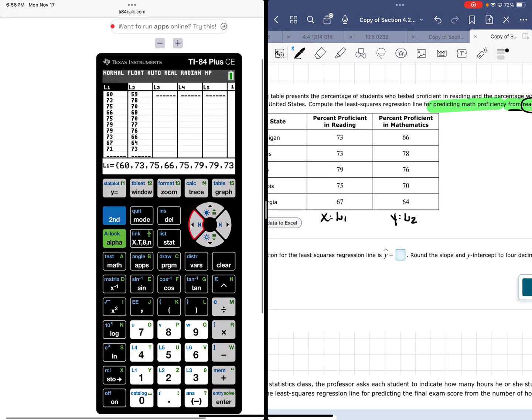All right, I'm going to edit. Remember, you can go up, you can highlight L1, you can hit clear, do not hit delete. If you hit delete, it'll delete all of L1.